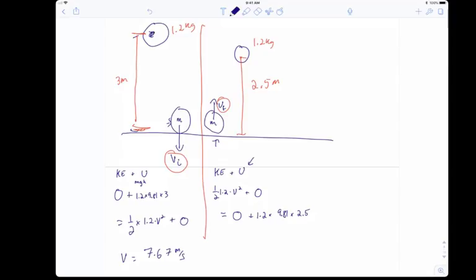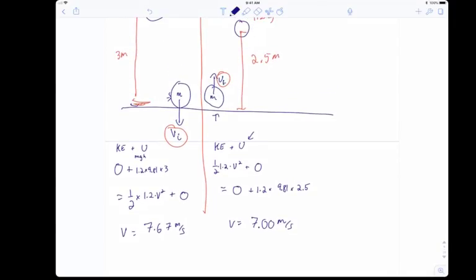So I can solve this for v. 1.2 times 9.81 times 2.5 times 2 divided by 1.2, square root. Answer: 7.00 meters per second. All right.